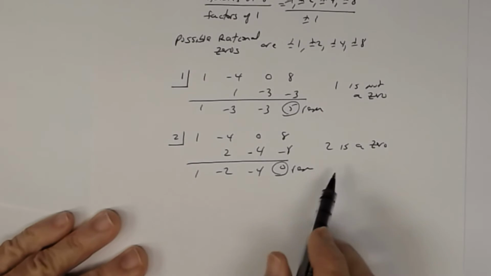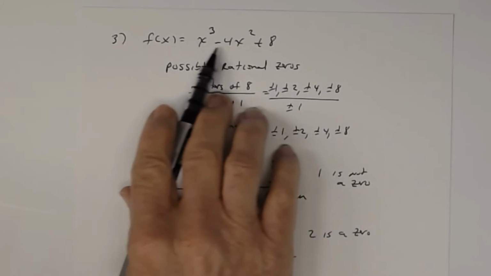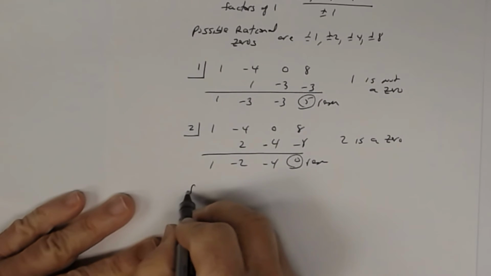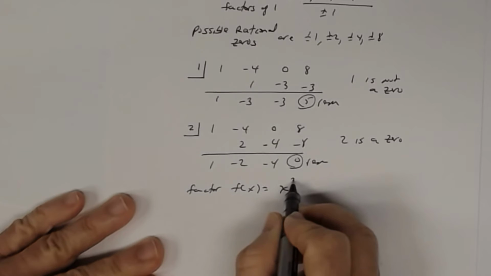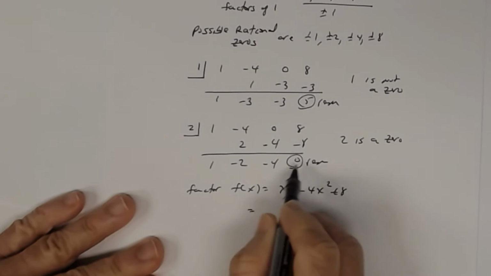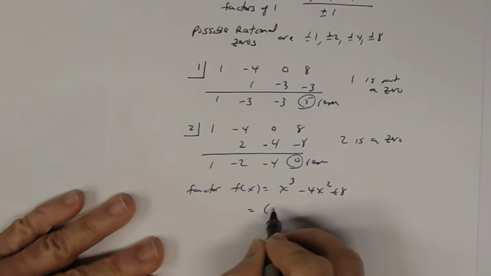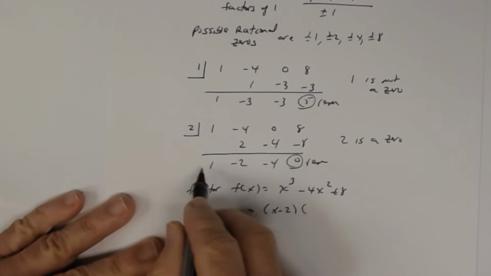Since 2 is a 0, I can factor this. So we're going to factor f of x, which equals x cubed minus 4x squared plus 8. Since 2 is a 0, one of your factors is x minus 2, and the other factor is going to be this quadratic.